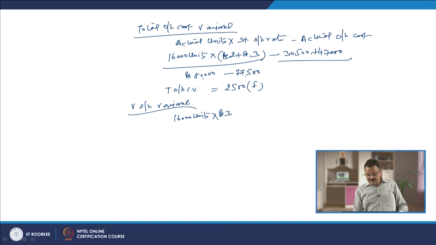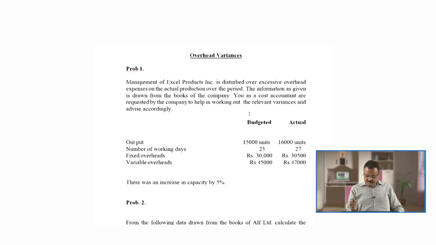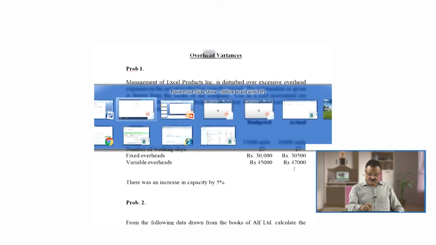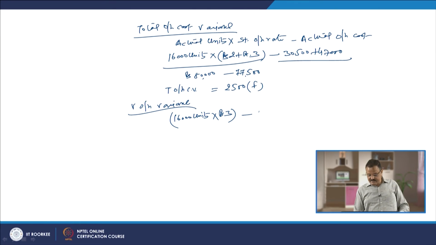That is rupees 3, and minus what is the other part? Actual variable overheads. If you look at the actual variable overheads, this amount is 47,000. So, it is rupees 48,000 minus rupees 47,000. So, your variance is going to be how much? This is going to be 1,000, but again favorable.